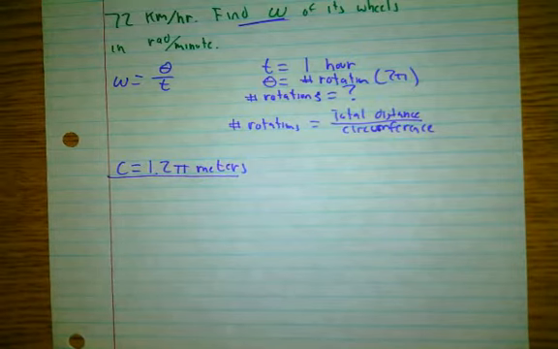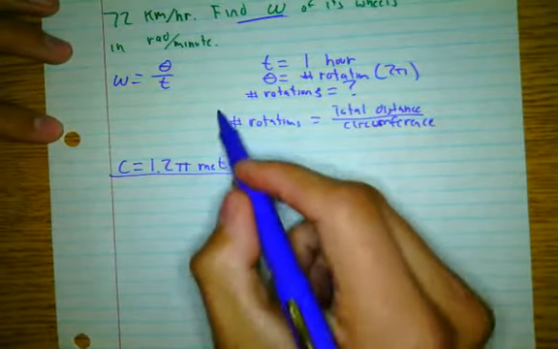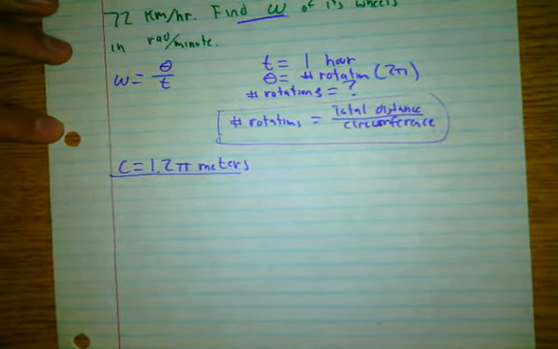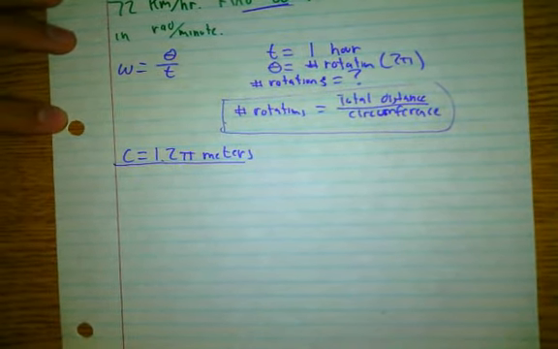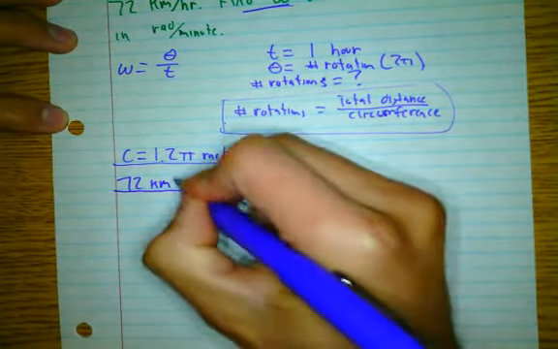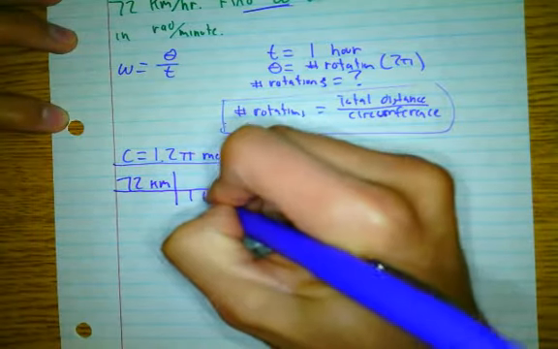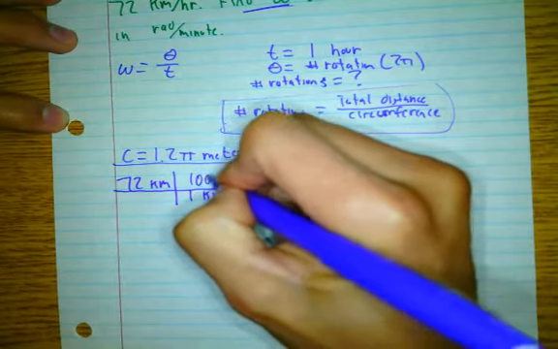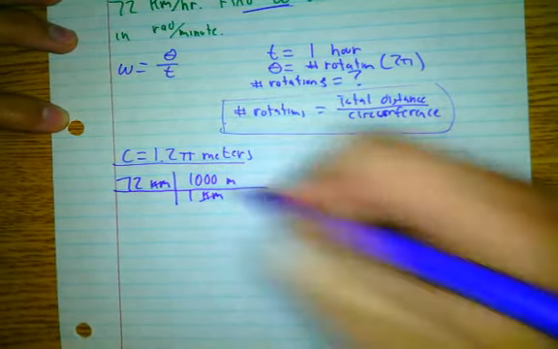So before I can find this out, I go on the side one more time and turn those kilometers into meters. So I have 72 kilometers. 1 kilometer is equal to how many meters? 1,000 meters. That goes away, so that becomes 72,000 meters. Whew. All right, can we find out the number of rotations now?